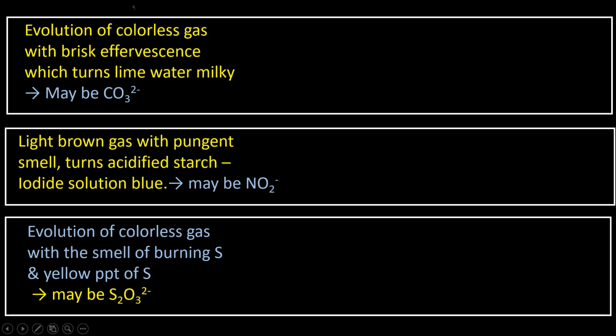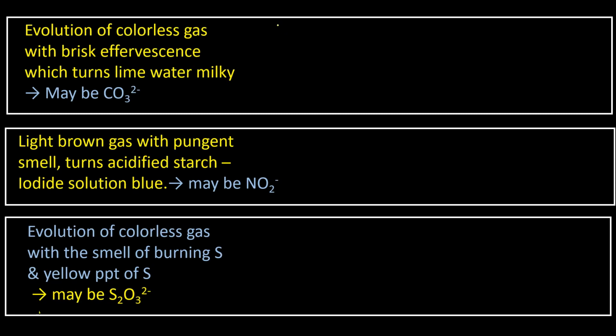Now see, already I told you this test is based on the principle that strong acid can release weak acid from the salt. Here sulfuric acid is a stronger acid than carbonic acid.